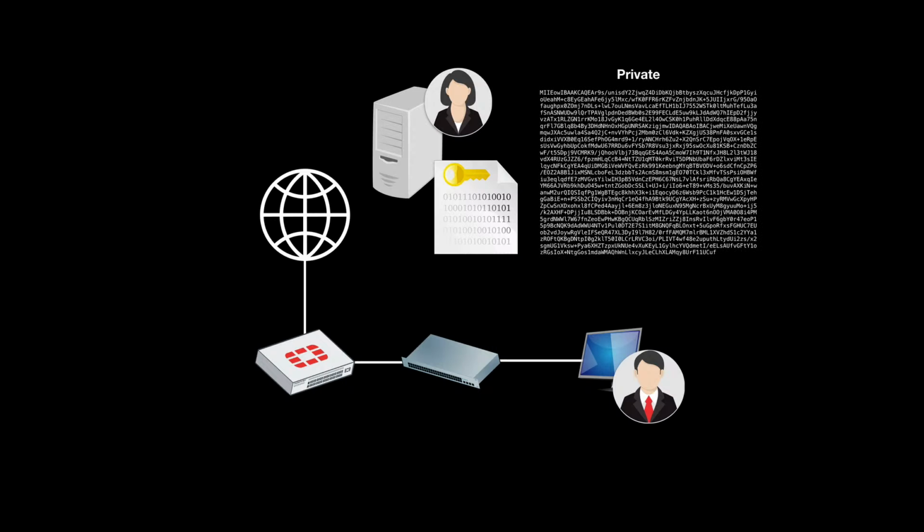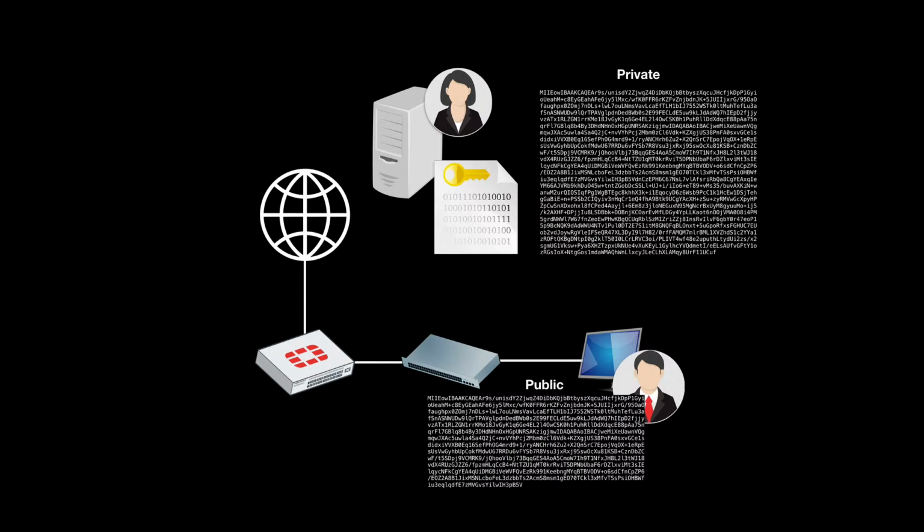Eve generates a private key and a public key and sends the public key to Bob. Now Bob gets her public key, and from now on he can decrypt Eve's messages. Now think about it. The fact that only her public key can decrypt Eve's messages suggests that the message actually came from Eve.